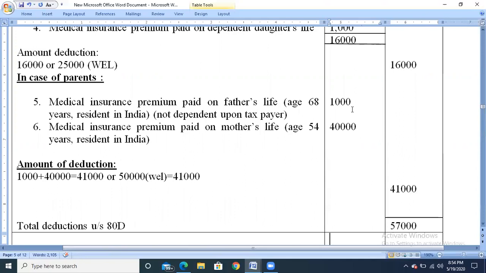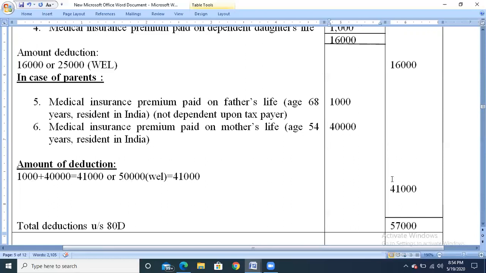So total premium paid is 1,000 plus 40,000, that is 41,000, or maximum 50,000, because one of the parents is a senior citizen. In case of a senior citizen, the maximum limit is 50,000. Whichever is less, 41,000 is the lesser value. So the deduction amount is 41,000.